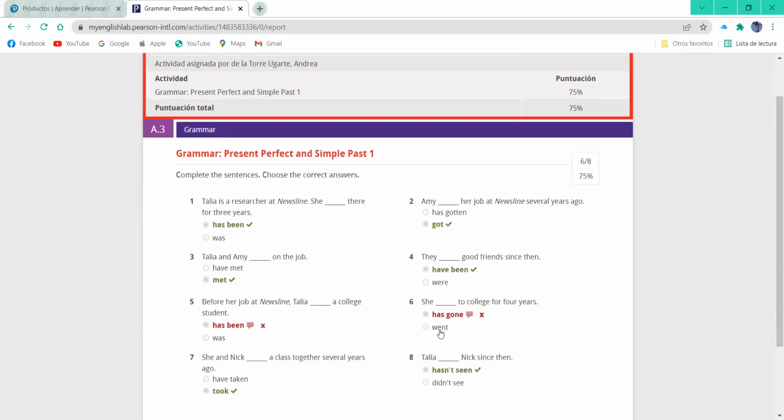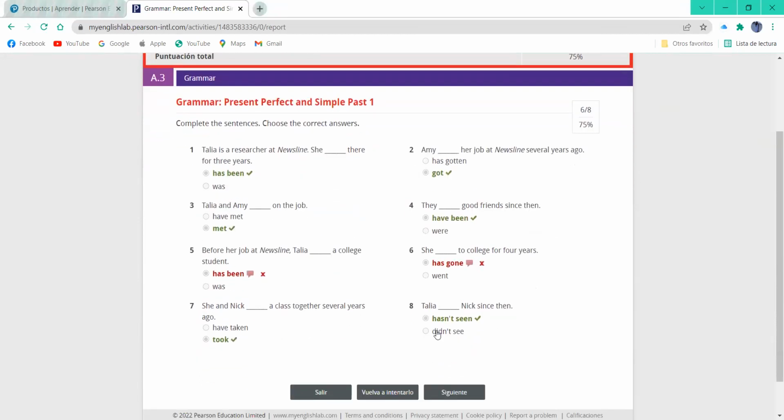Okay, two mistakes. In number 5, why? Because before her job at Newsline, Talia has been a college student, ha sido un estudiante de universidad, or was a college student. ¿Por qué?